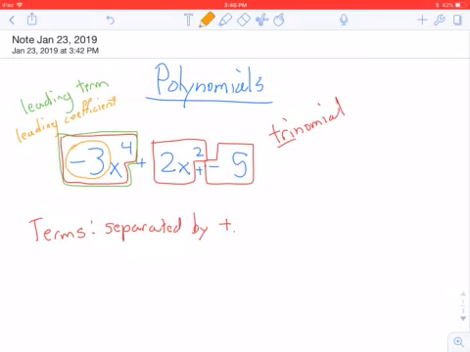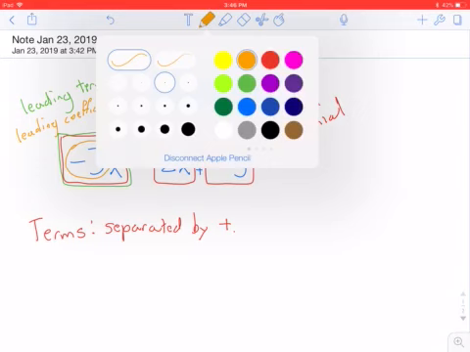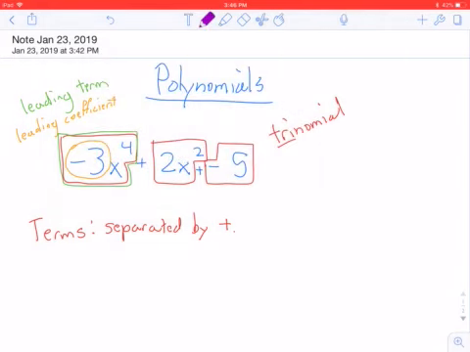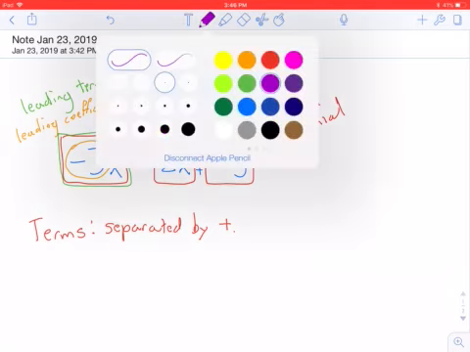One other key important term within the leading term is the degree. In purple, the degree is this number 4. It's the largest exponent in the polynomial. So this is a fourth degree polynomial, and more specifically, it's a fourth degree trinomial. The largest exponent is the degree.